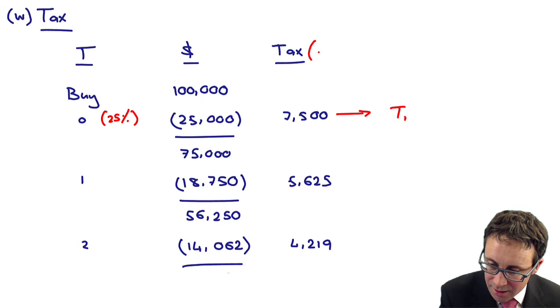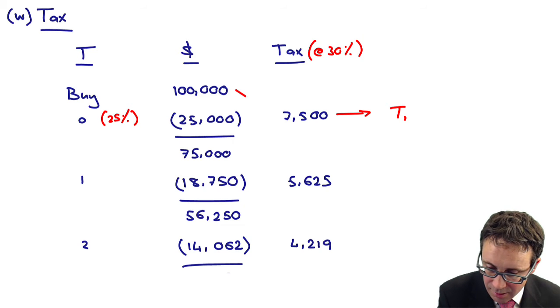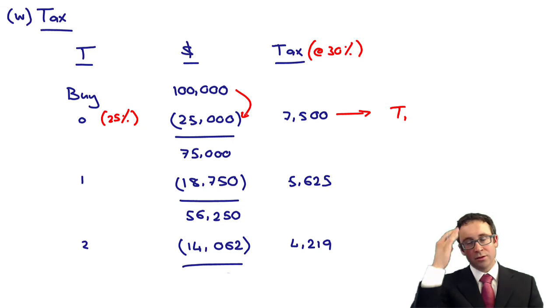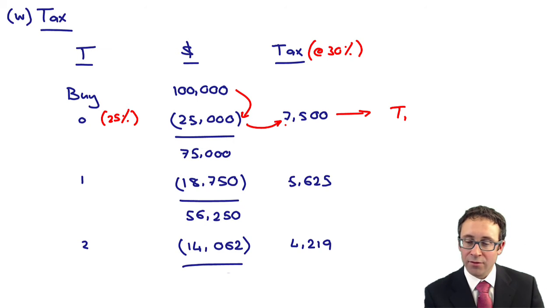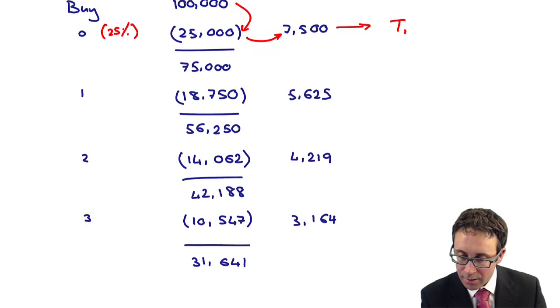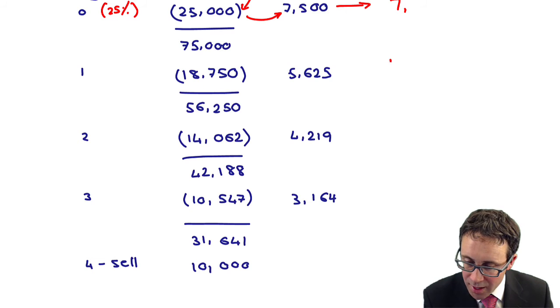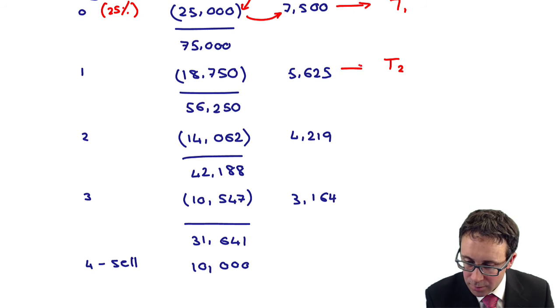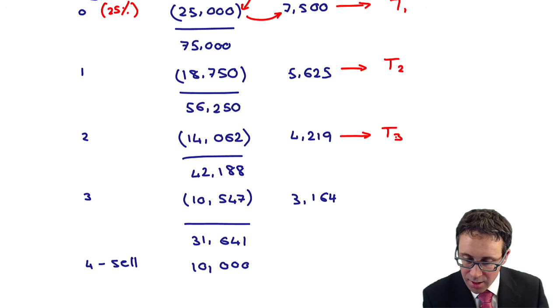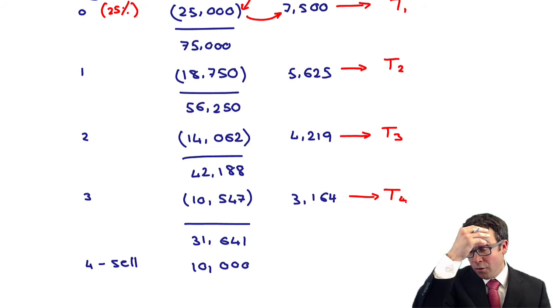The tax is at 30%. So 25% of 100 is 25, and 30% of that is 7,500 at T1. What then happens is when you use the asset again in the next year, it's T2, T3, and T4.